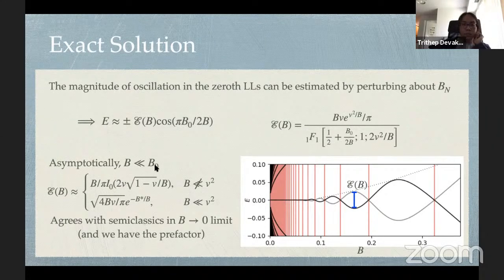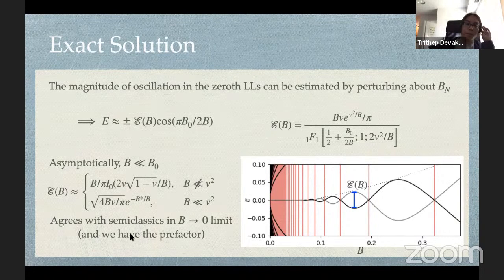So it turns out that there's 2 different asymptotic regimes. You can be where V is much less than V squared, or when V is not much less than V squared, but still less than B naught, and they have these two different forms. Here there's a Bessel function, and for V much less than V squared, you have this form where it's just an exponential, and it goes as e to the minus B star over B, which, if you recall, is exactly what the semi-classical analysis predicted.